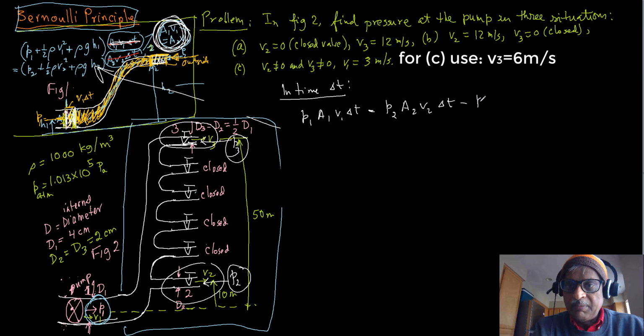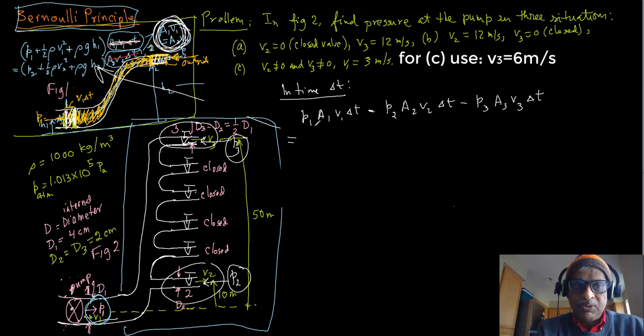And then I'm going to have a P3, A3, V3, delta T. So I'm going to have that. And then I'm going to have the loss of energy here, and gain here, and gain here.